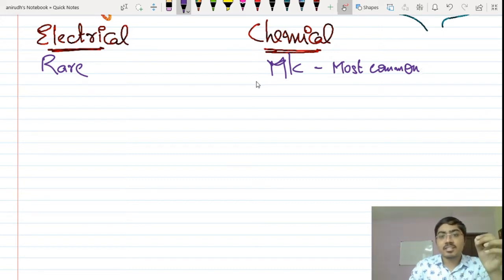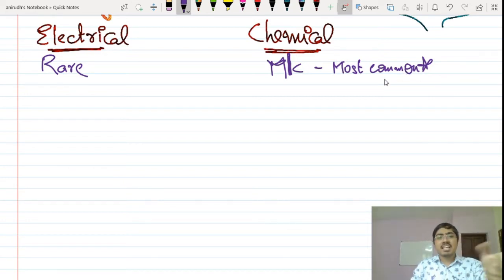You will start using these kinds of technical notations in your notes. Most common, least common, most important, most significant, all these kinds of things will become more important for you. So if I talk about the most common synapses in your body, more than 90% of the synapses are obviously chemical synapses. Electrical synapses are very, very rare.